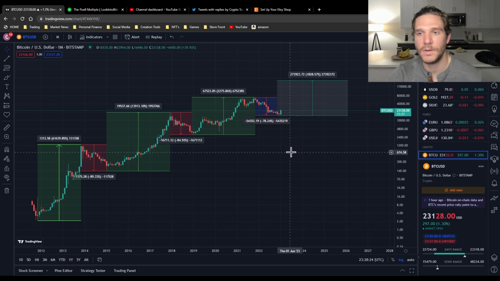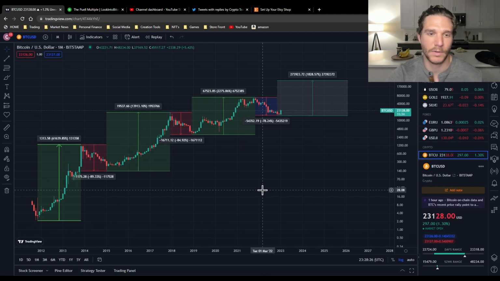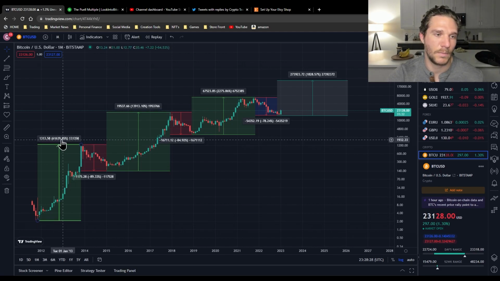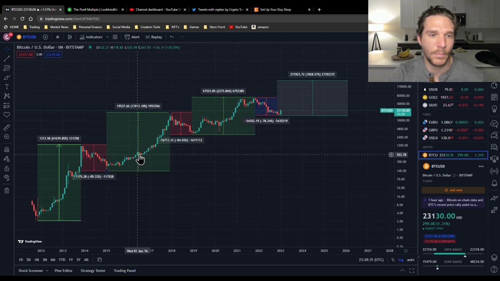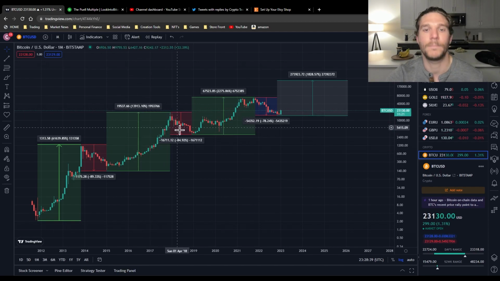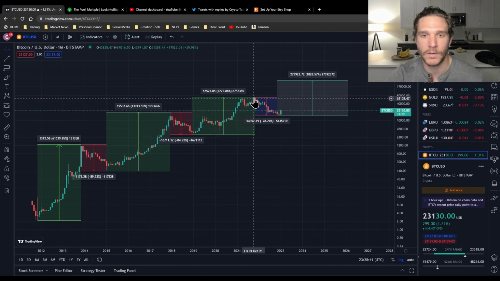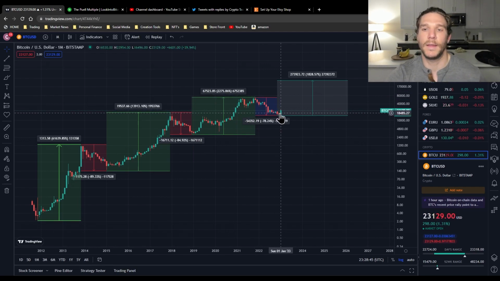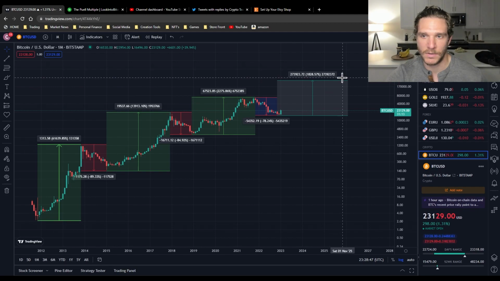And as you can see here, each bull run has diminishing returns. So you can see this had a 61,000% run up. The next bull run had about a 14,000% run up. This last bull run had about a 2,300% run up. And then this one is going to be diminished as well.